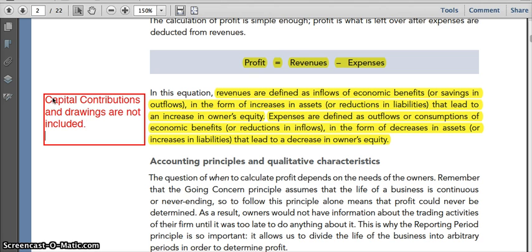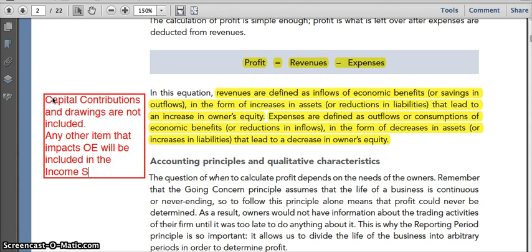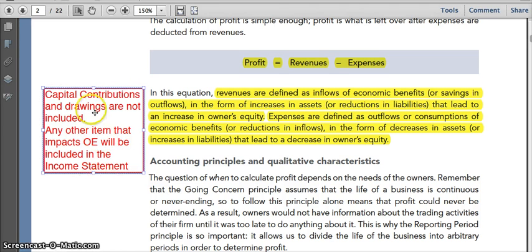So basically, any other item that impacts owner's equity will be included in the income statement. Now, for the guys who didn't do accounting 1 and 2, the income statement is the statement that we use to determine a profit or loss.